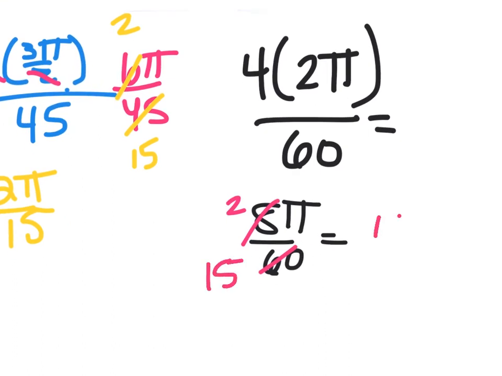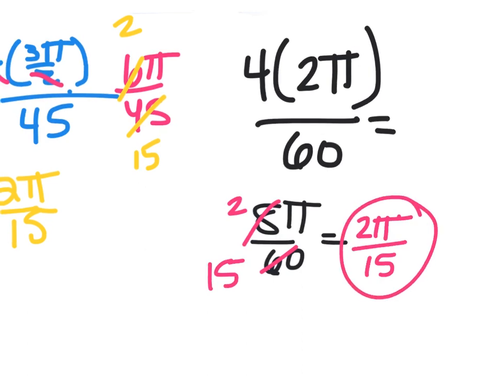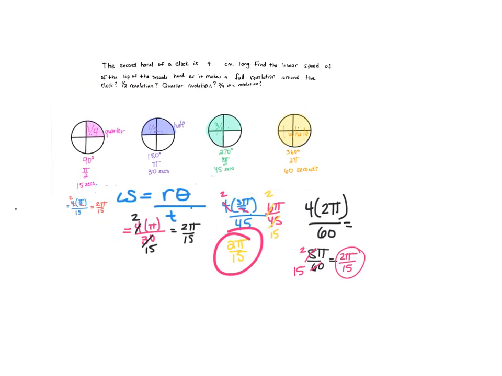So I have 2 pi over 15. Do you notice, guys, we got the same answer because your clock hand is moving at the same speed the entire way around.